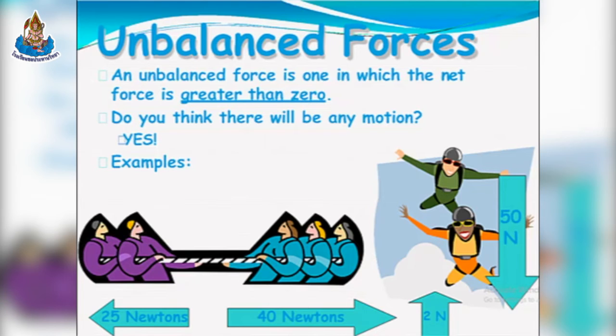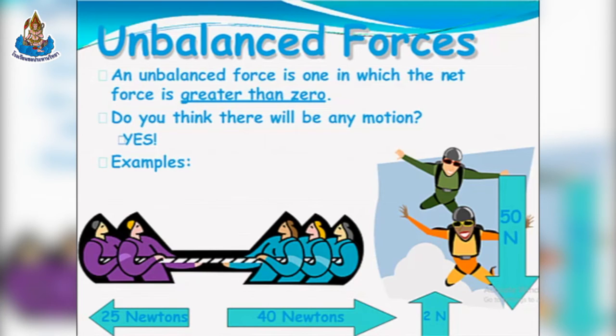But what will be the net force? How do we get the net force of this? Yes, you're going to subtract because they have different forces. So 40 minus 25 will give us how much? 25 Newtons. So the right team gives us 25 Newtons more. How about the other example in the picture?